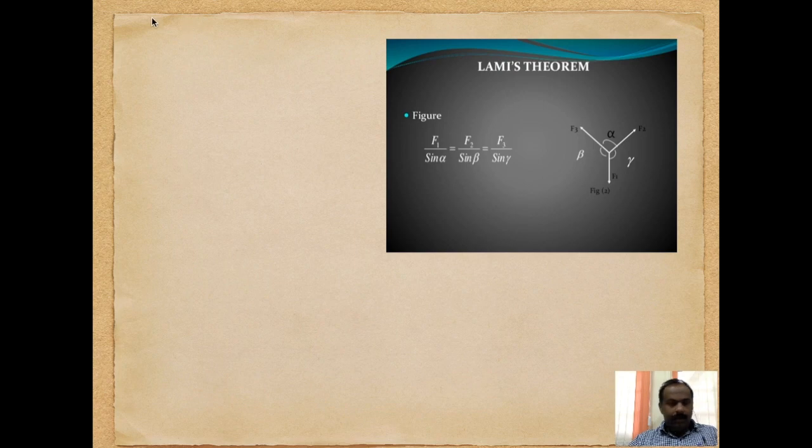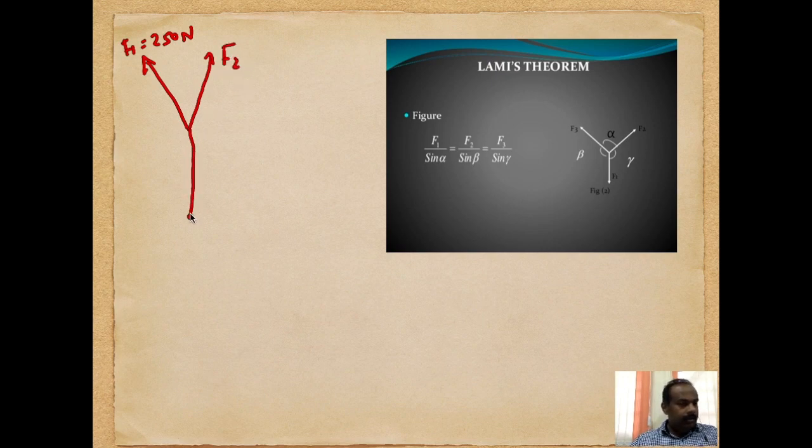You have three concurrent forces. So I'll just draw that. Three concurrent forces, where F1 is equal to 250 Newton, F2 is not given, and F3 is not given.